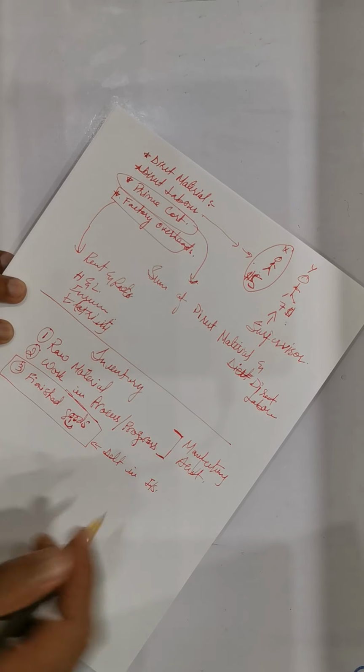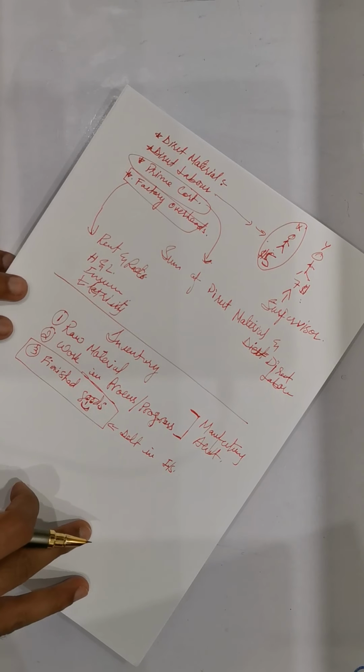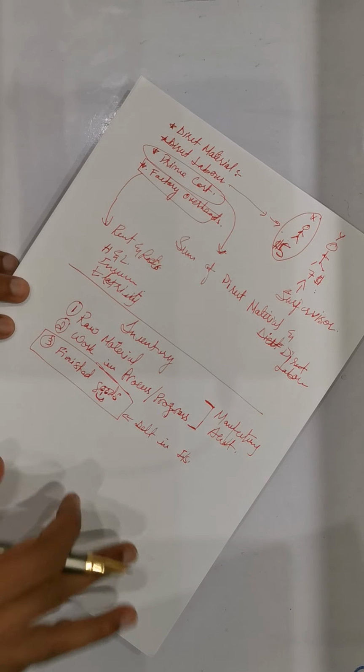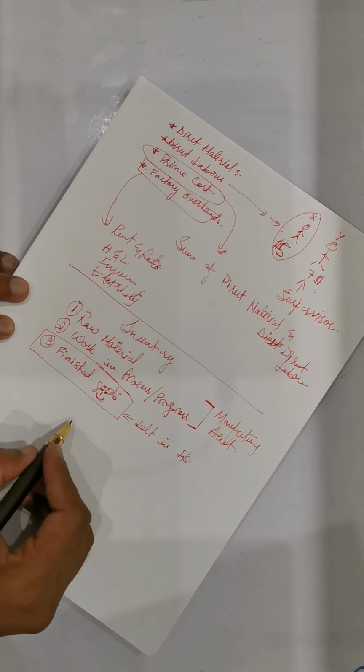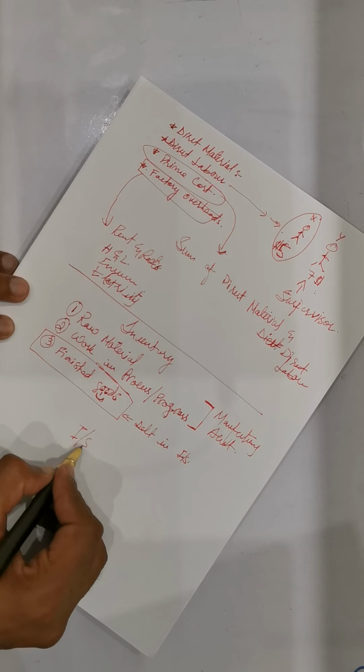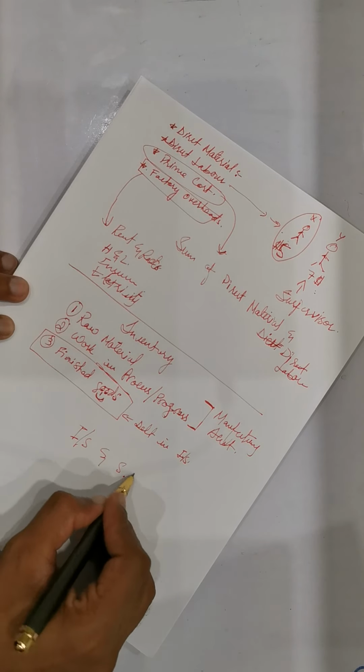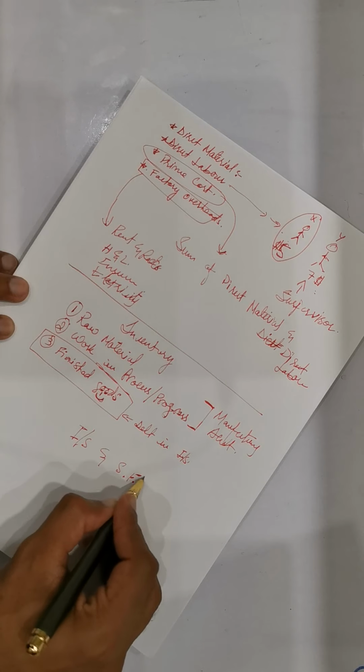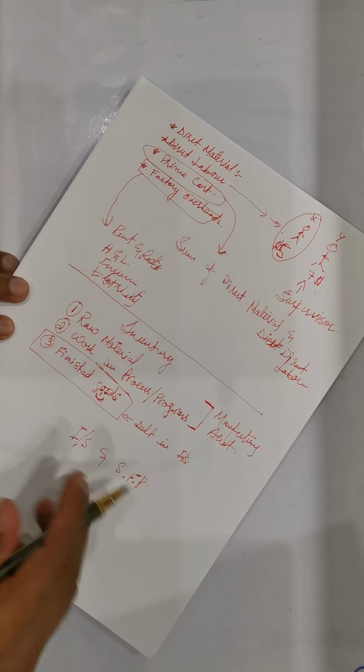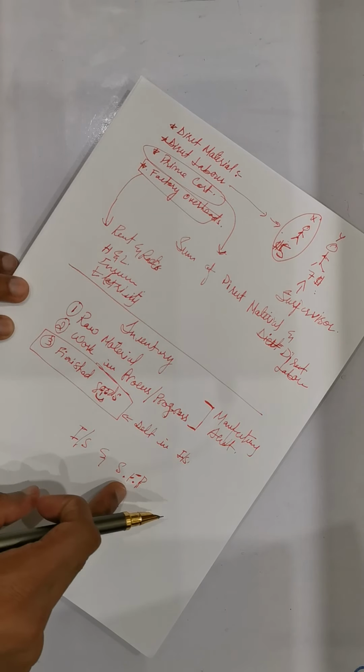Now, when I say manufacturing account, I must tell you that till now, whenever you have made the financial statements, you have only made income statements and statements of financial position.